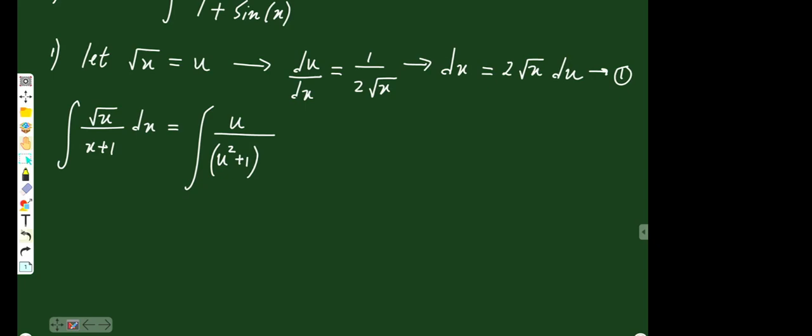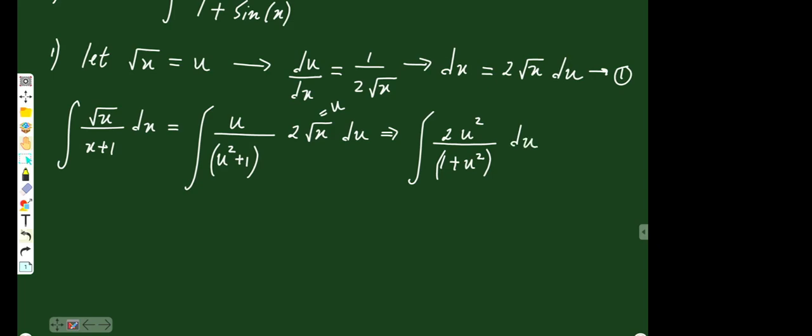So what is dx here now? Dx here is 2 square root of x du. So this is nothing but u, right? So that will tell you that this is 2u squared divided by 1 plus u squared du.